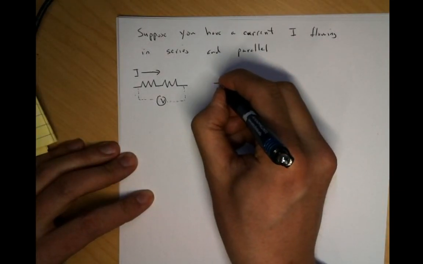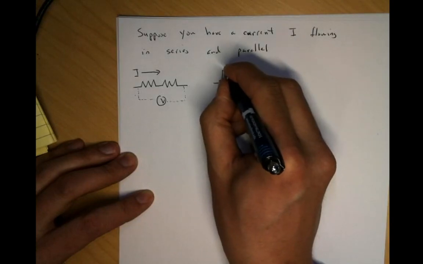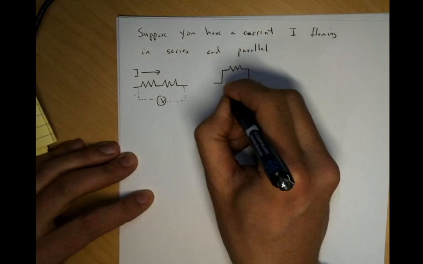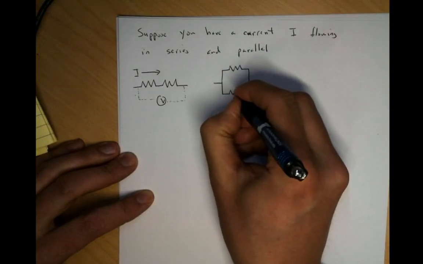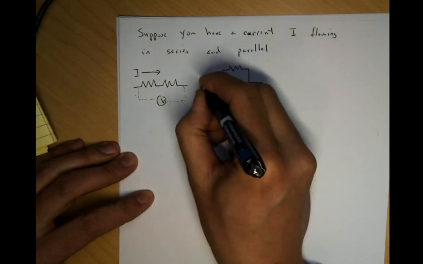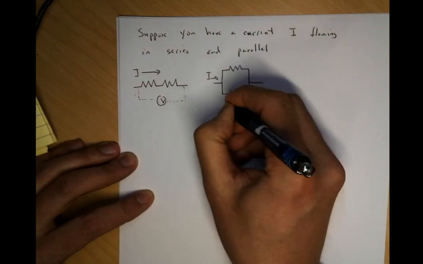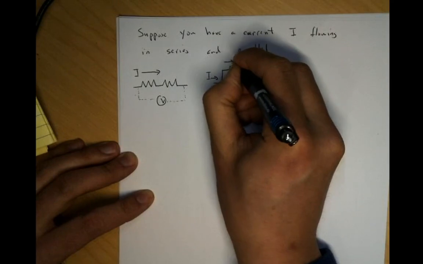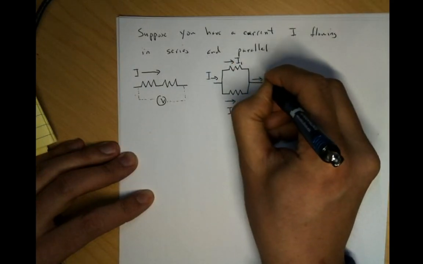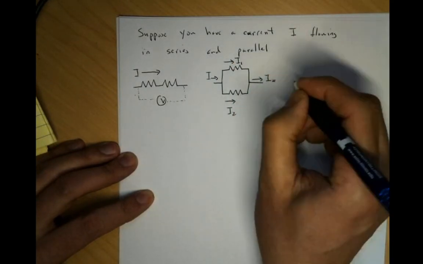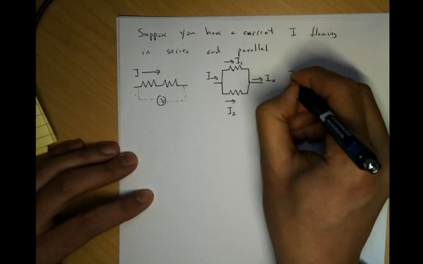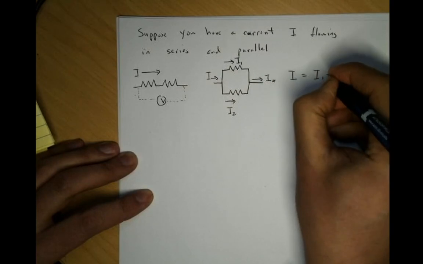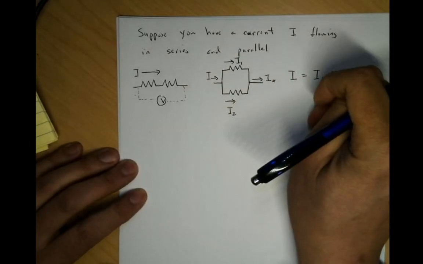Likewise, we can imagine some current flowing in parallel. I comes in this way and then splits into I2 on the bottom and I1 on the top, and comes out again to be I. In this case, you have the condition that the current I is equal to I1 plus I2.